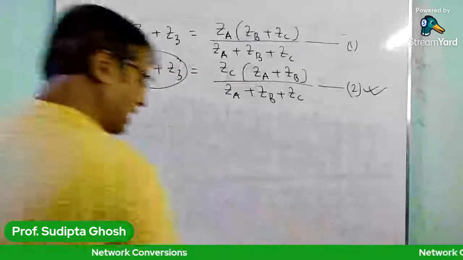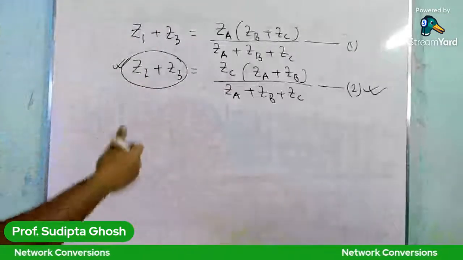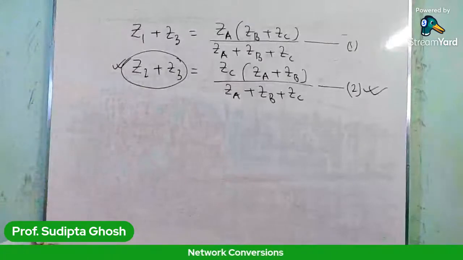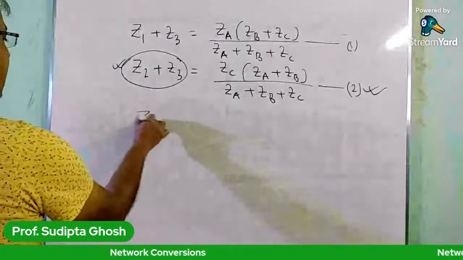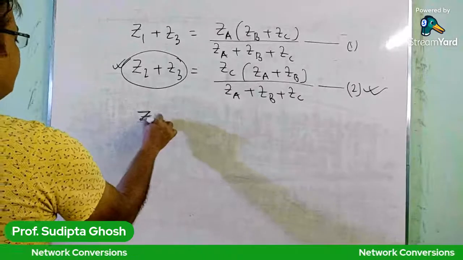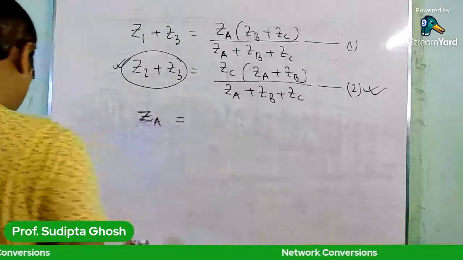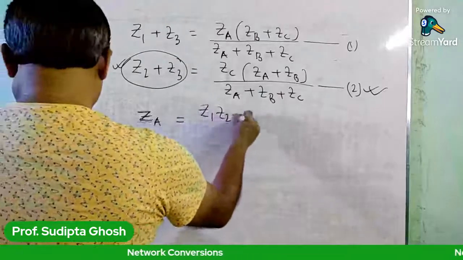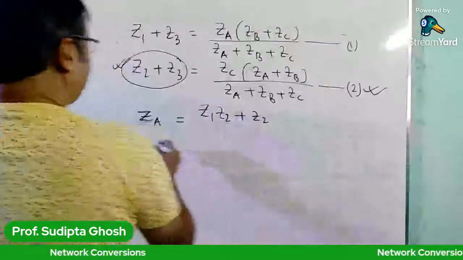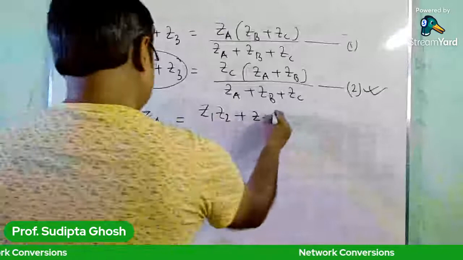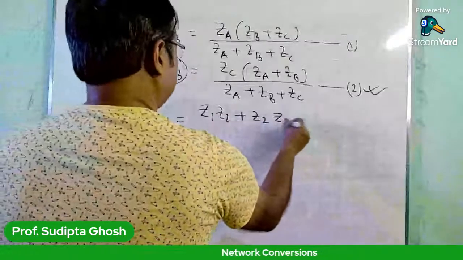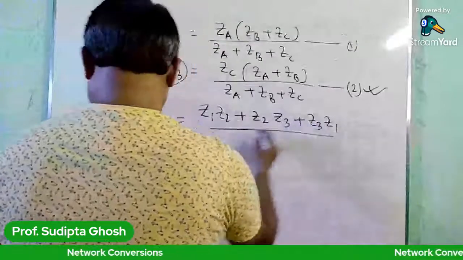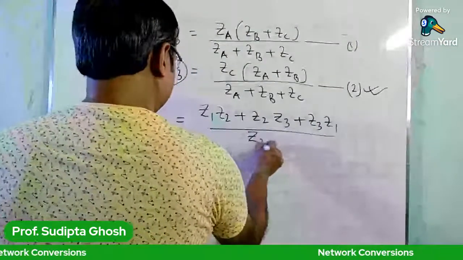Z1, Z2, and Z3, that is from equation 4, equation 5, and equation 6, we can have the values of ZA, ZB, and ZC in terms of Z1, Z2, and Z3. So the value of ZA will be Z1 Z2 plus Z2 Z3 plus Z3 Z1 whole divided by Z2.